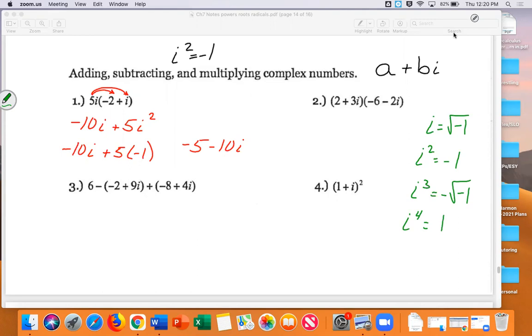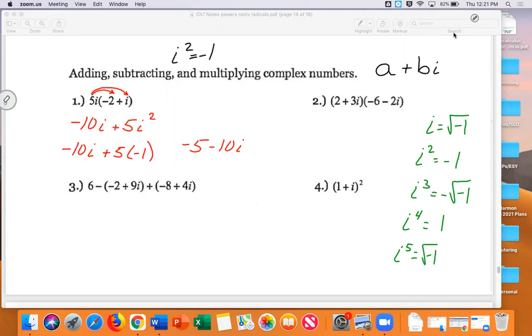And here's the cool thing about i. Guess what? i to the fifth, that's i to the fourth times i. So it goes back. It starts repeating. Now, the way I write it, I don't really write a ton of stuff like this.